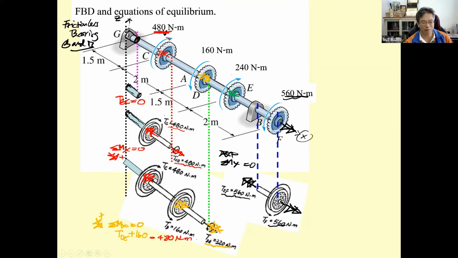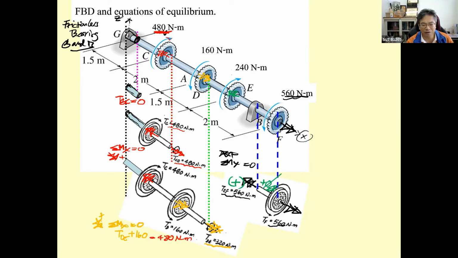Then what we have for this one, I should tell you that this is going to be the positive torsion and is going to produce the positive angle of twist. Let's say this is going to be positive angle of twist EF. This is positive torsion EF.